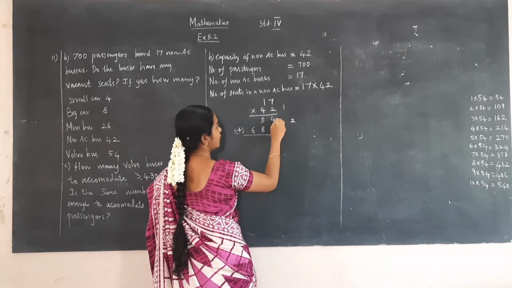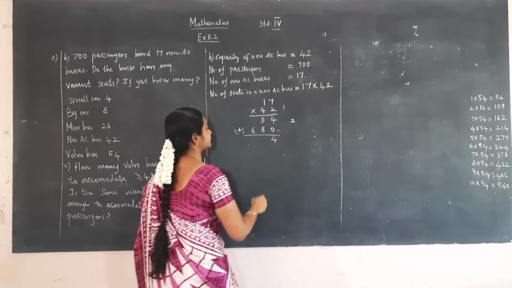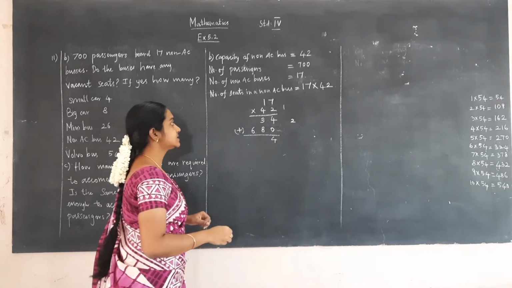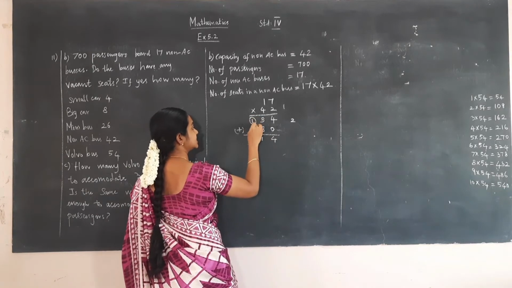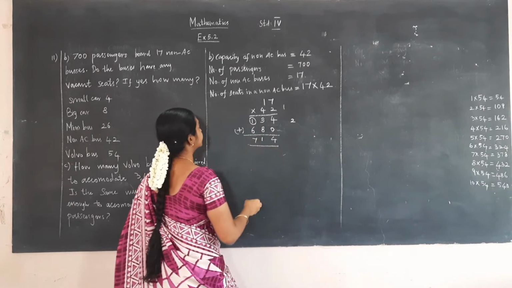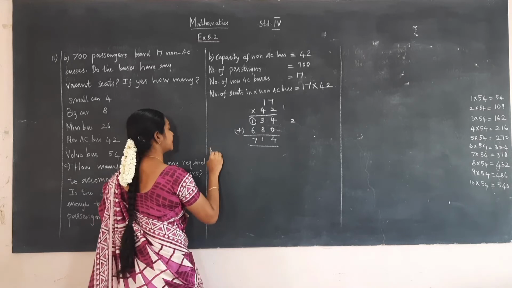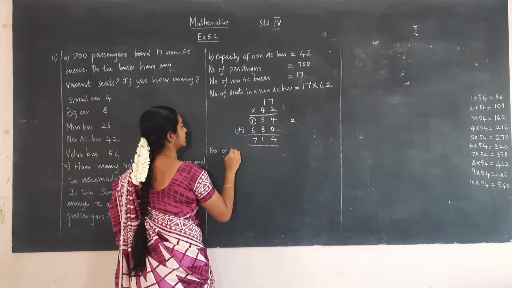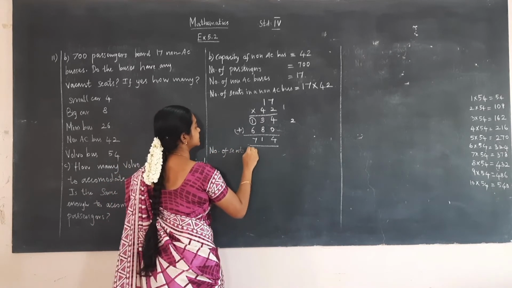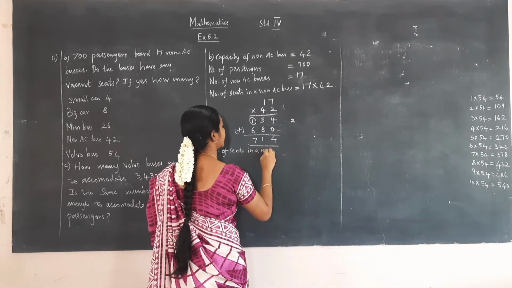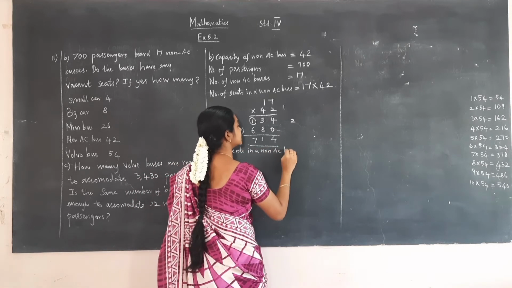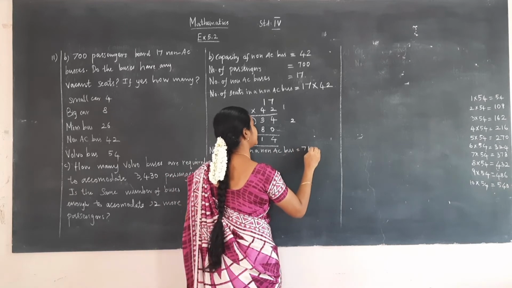Add them. 4 plus 0 is 4. 8 plus 3 is 11. 6 plus 1 is 7. So number of seats in the non-AC buses is equal to 714 seats.